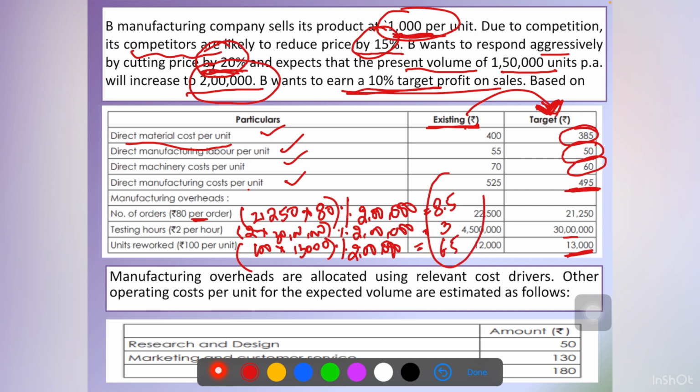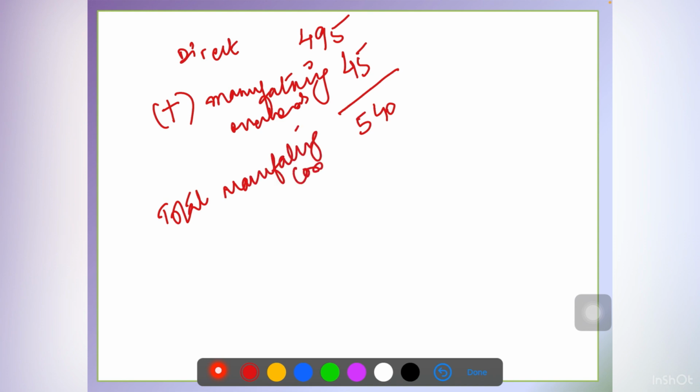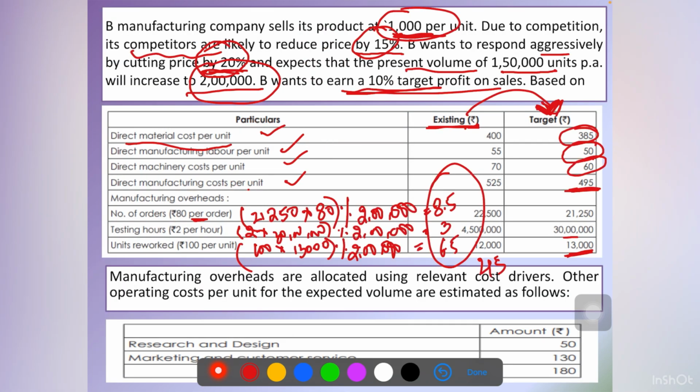The total of this comes out to be 45. This is your manufacturing overhead. So I write over here 45, right? So the total of this is 540, right? This is your total manufacturing cost, right? And now we are going to add other types of cost to this. Now what are the other types of cost given to you in the question?